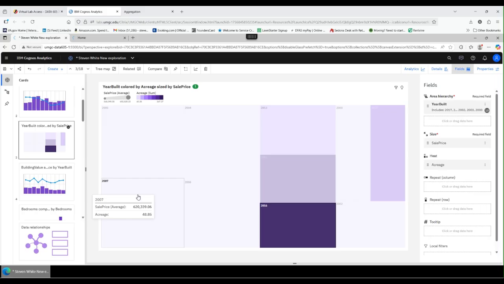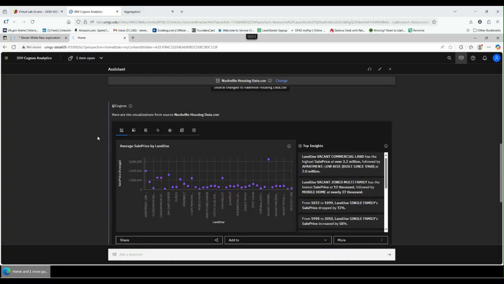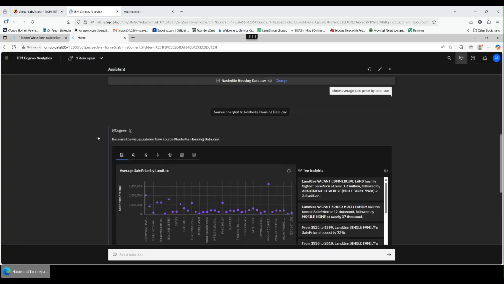I did use Cognos Assistant. It made the process easier to find specific information and show the data that I wanted to see. For instance, here I asked it to show the average sale price by land use.